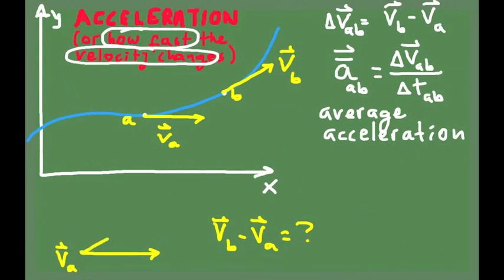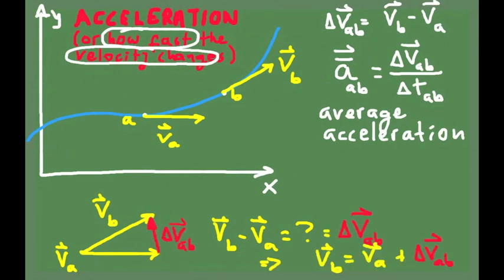So what we can do is move vector VB so that its tail coincides with the tail of VA, and we know that the change in velocity delta VAB is equal to VB minus VA, then VB is VA plus delta V. That means that in graphical terms, the vector delta V needs to have its tail at the head of VA, so that VA plus delta V gives you VB. So graphically, that's the direction in which delta V should be pointing.